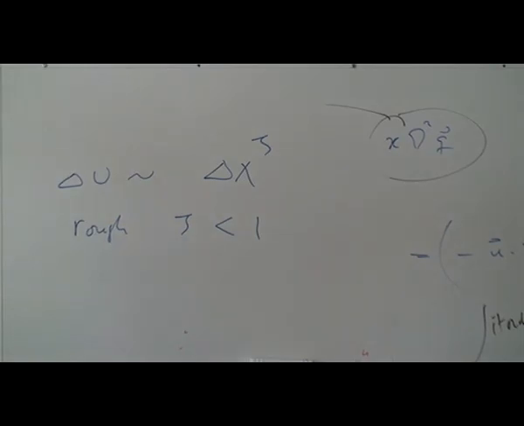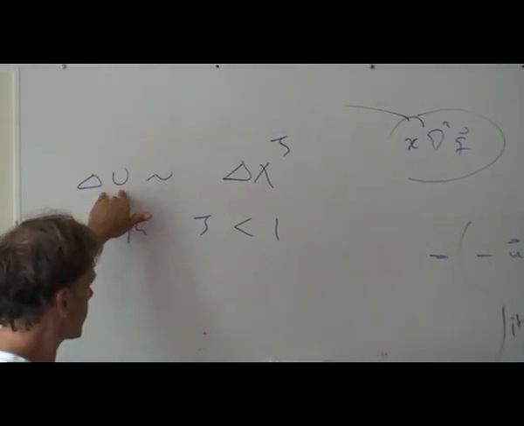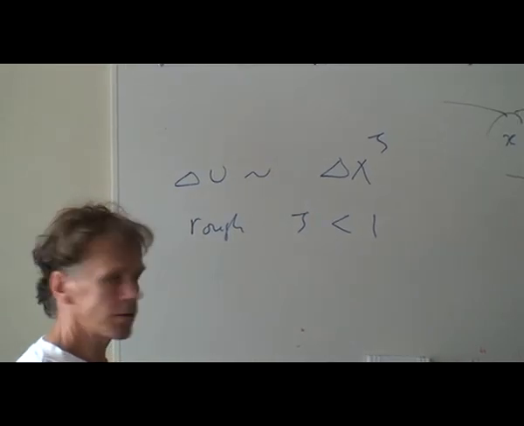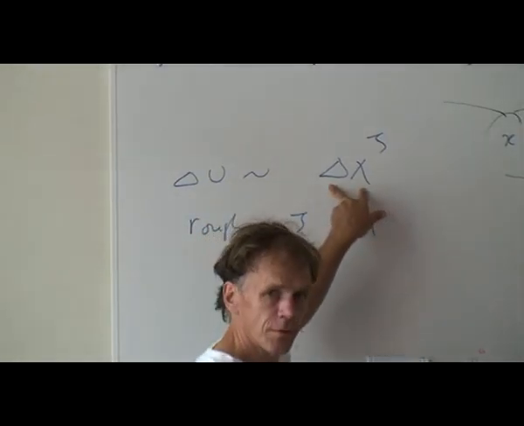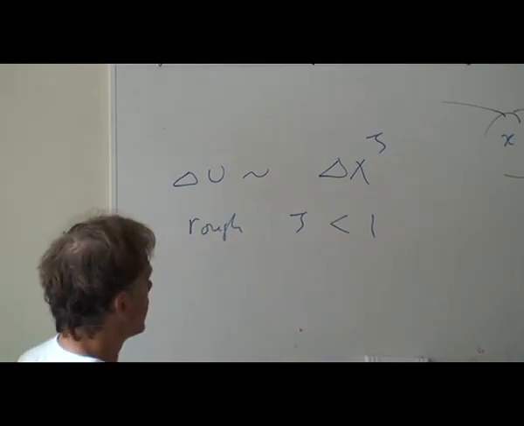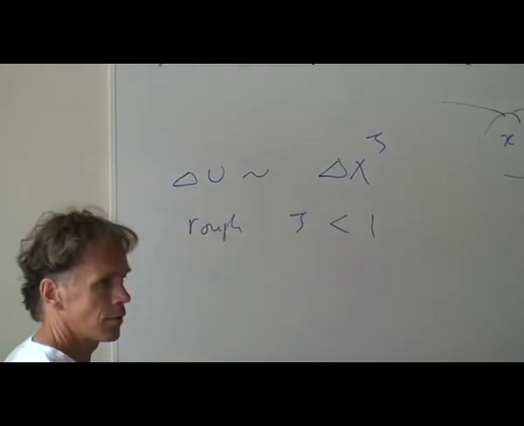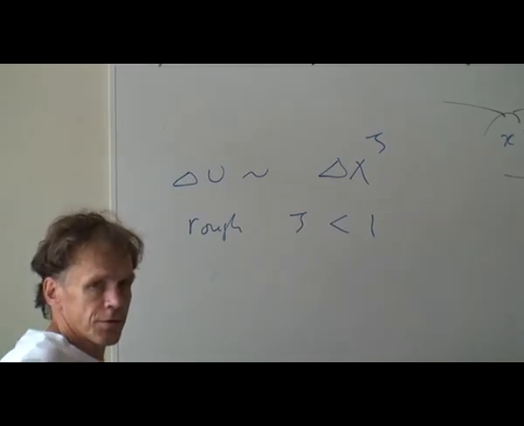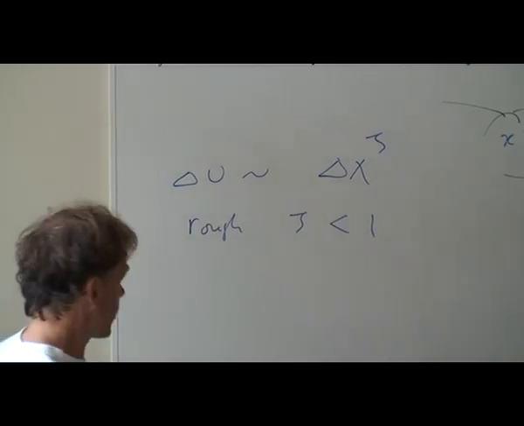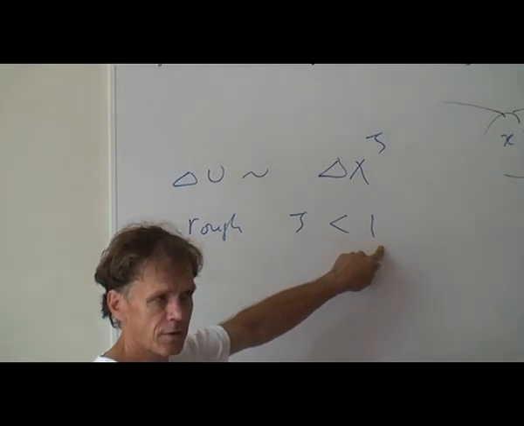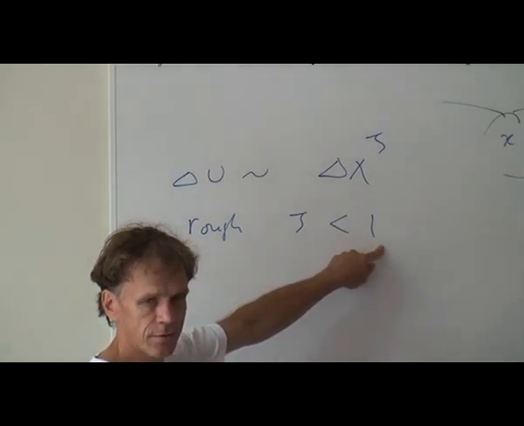So as you make the separation smaller and smaller, the gradient will go up like delta x to the negative power. Basically, you cannot expand u in a Taylor series towards small scales, unless zeta is 1, but that's exactly what happens, of course, physically at the dissipation range.